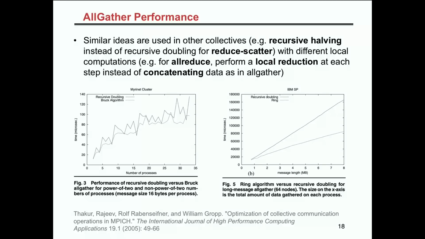Maybe the data set size is still too small. Data size is big. Actually, the bigger it is, the better. So remember, these algorithms have the same bandwidth costs. One of them has a higher latency cost. Yes? Is it because creating recursive calls is expensive? It might be, but recursive doubling doesn't need to be implemented recursively.